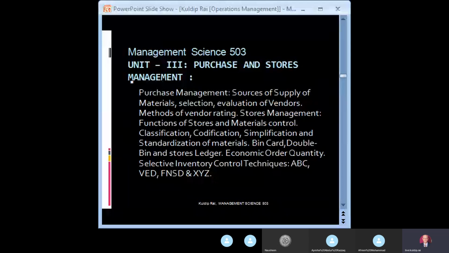But big organizations, the kind of organizations where we would like you to work, use sophisticated, specialized software when they do purchase management. For example, in the state of Telangana, in the Secretariat, there is a purchase directorate whose job is to buy goods and services for the government of Telangana.